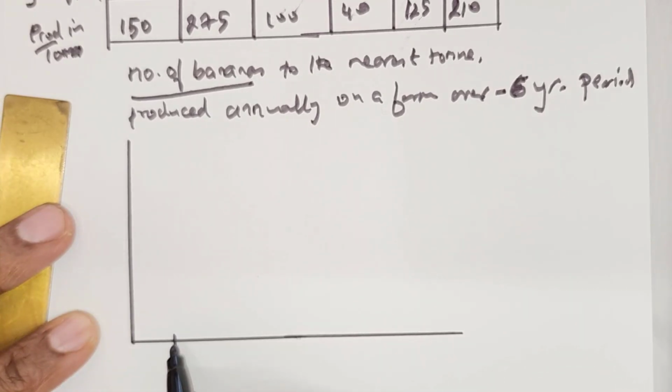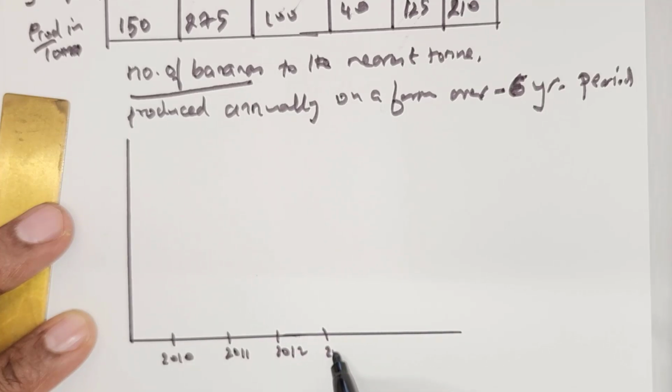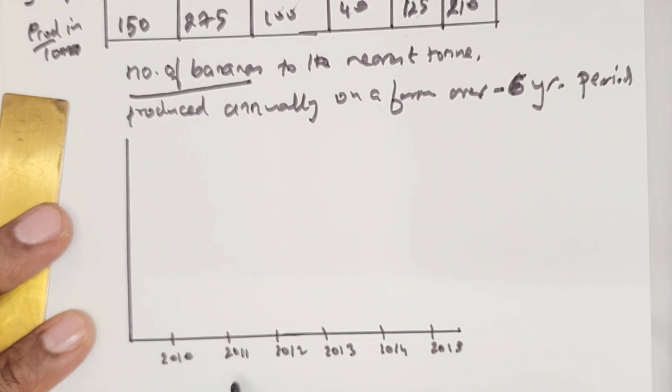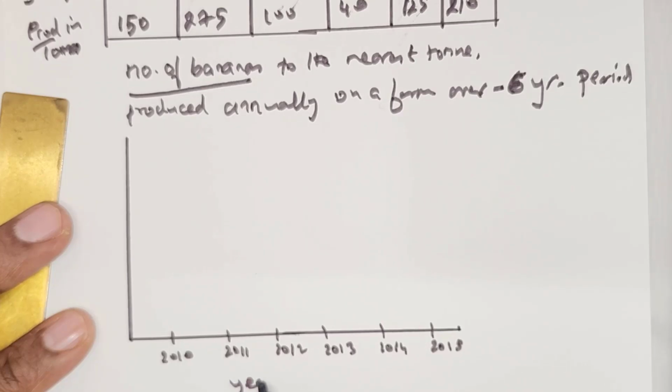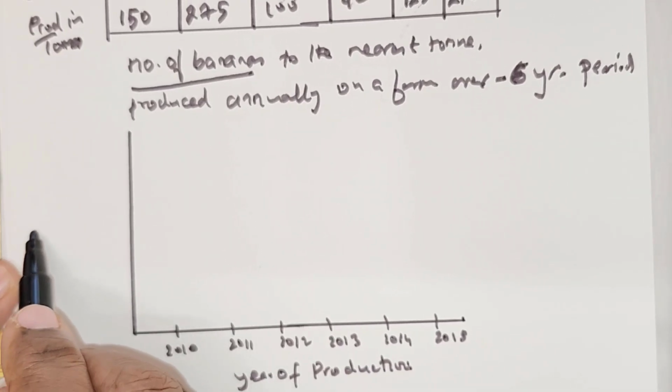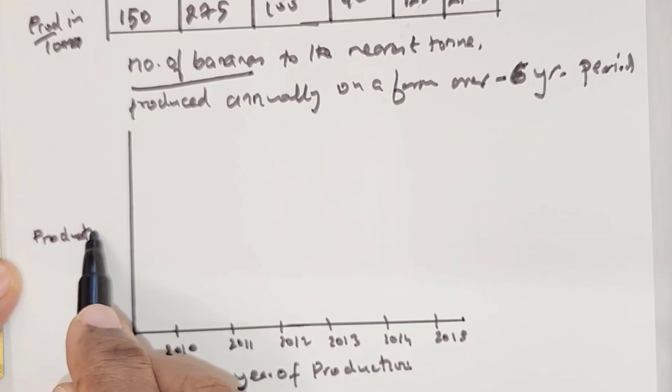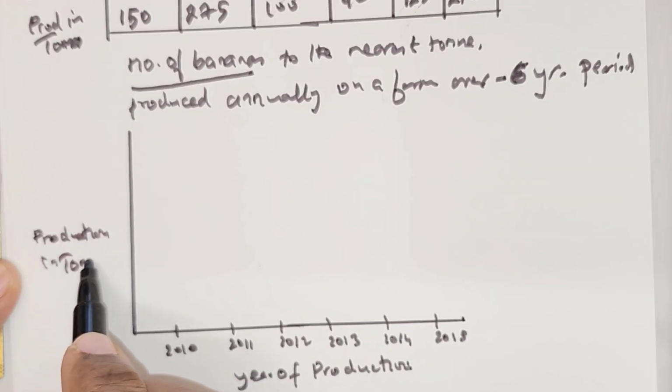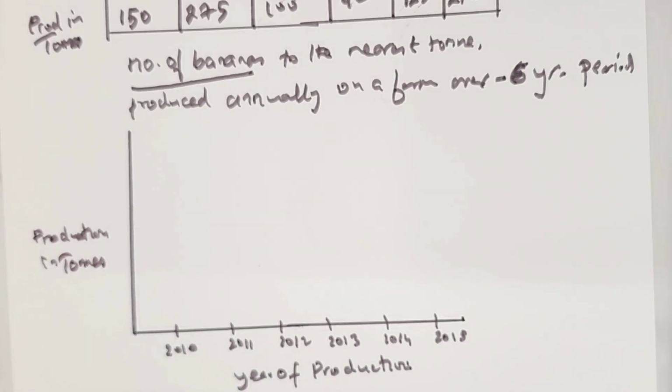So we can start here with 2010, 2011, 2012, 2013, 2014, 2015. So this is going to be the year of production, and this is going to be production in tons. So you will have to specify these things clearly.